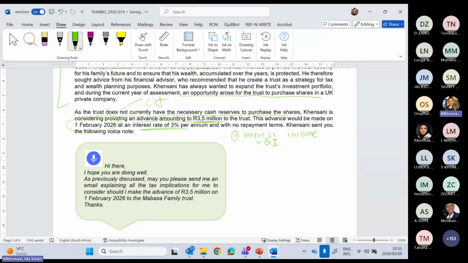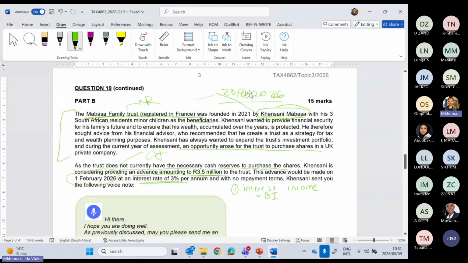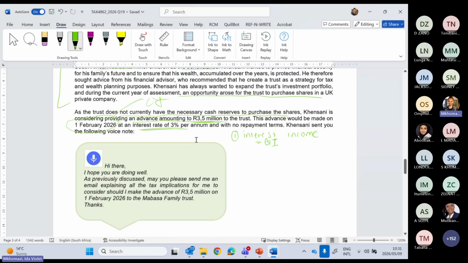At which amount? Remember, you need to provide supporting calculations. The calculation is easy. Remember, I said earlier that Kensani is an individual. His year of assessment ends on the 28th of February, and he provided this loan on the 1st of February 2026. So the amount of the interest will be calculated as the 3.5 million multiplied by the rate of 3%, and then you apportion for 28 days in February.